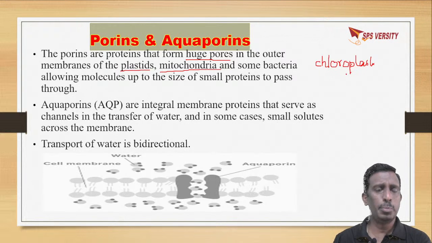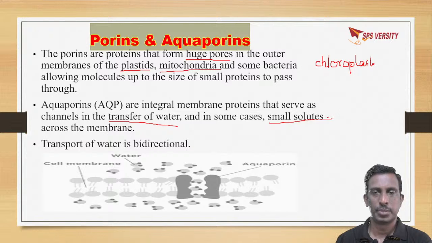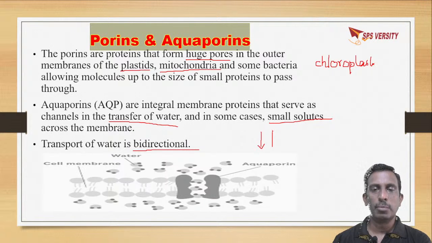Or aquaporins. Okay. So these are protein channels which are meant for transfer of water, and in few cases small solutes. So the transport of water is bidirectional, so water moves from inside to outside the cell and from outside into the cell.